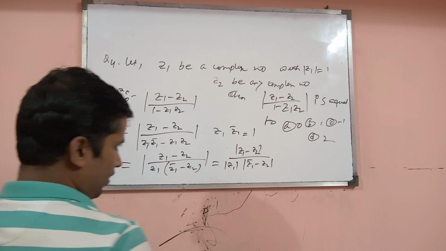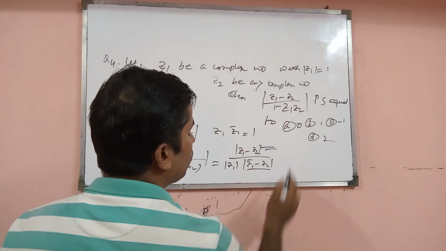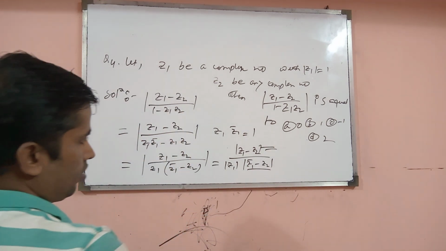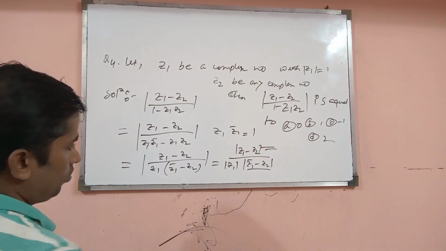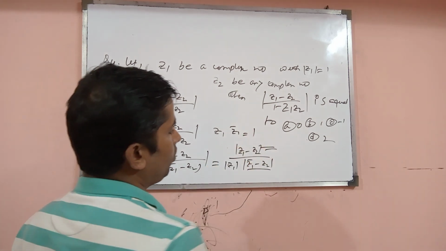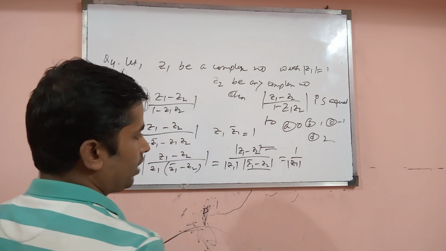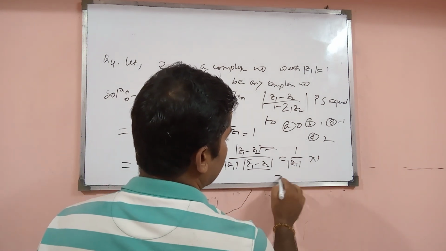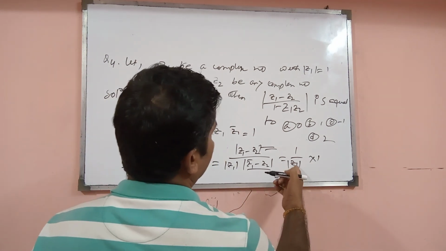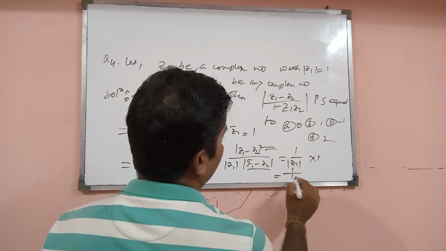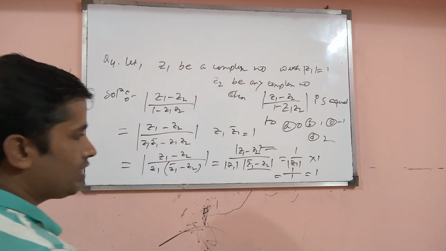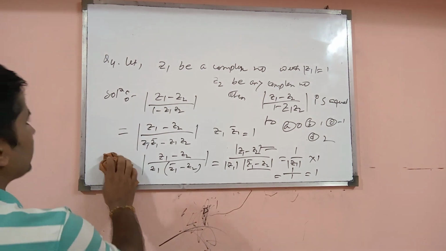Okay, as these two are same, its value will be 1, so it would be like mod z1 as it is 1, so its value is 1, so final value is 1. Okay.